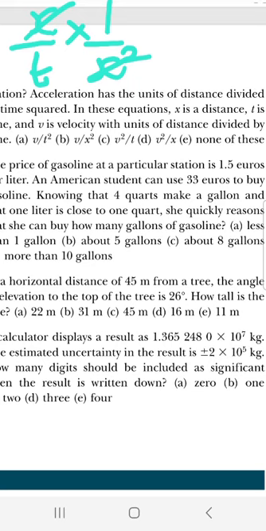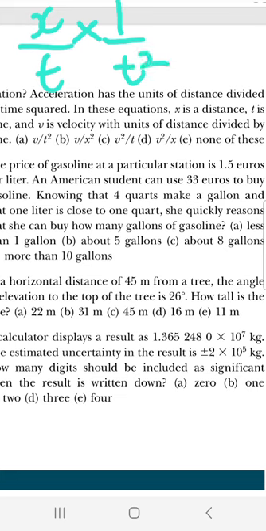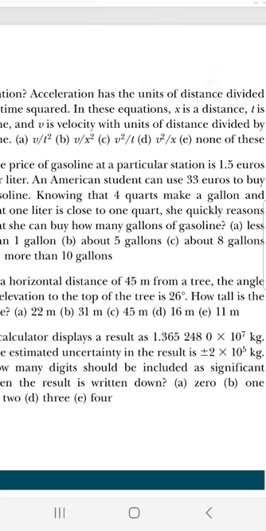So again, this one will cancel out, it will be 1 over tx. So this is also wrong. I'm just going to review the first one. It's x divided by t times 1 over t squared, so it would be x divided by t cubed. Again, it's not the correct one.